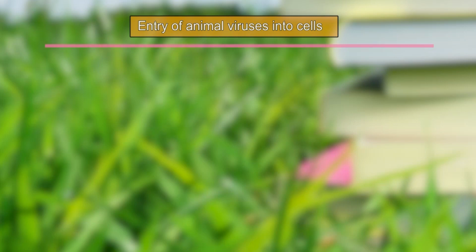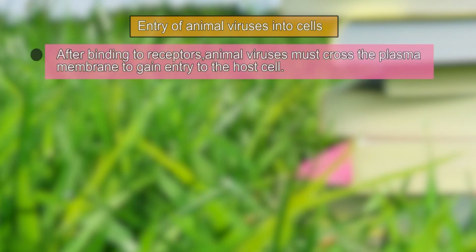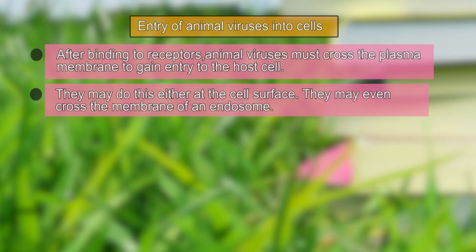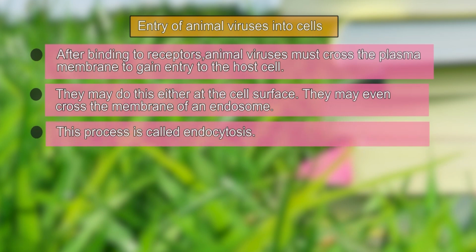Now after binding to the host cell receptor successfully, animal viruses try to get an entry into the host cell. This can be done at the cell surface, or after crossing the cell surface and plasma membrane. They have to cross another membrane, that is the endosomal membrane, and this is mediated by endocytosis.